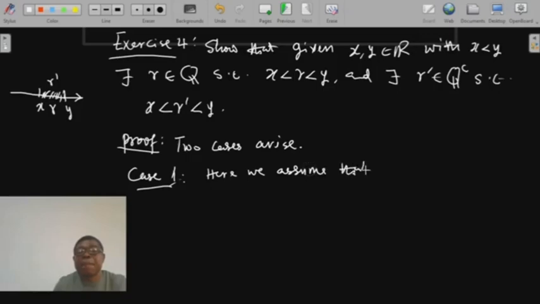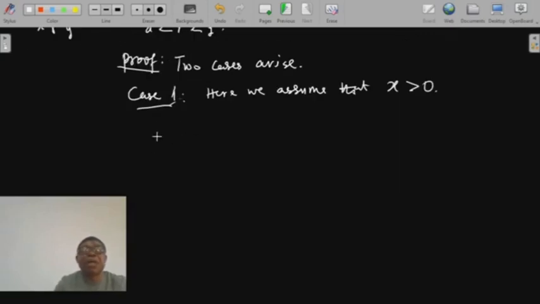that x is bigger than 0. If this is the case, we have therefore that 0 is less than x less than y.